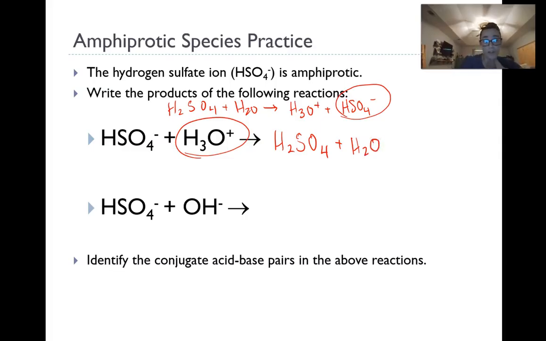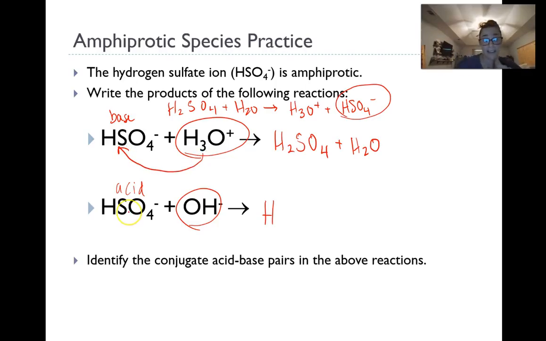Okay, so if it reacts with a base instead, it will be an acid, so it will donate again, right? This one is acting as a base because it has accepted the proton from hydronium.